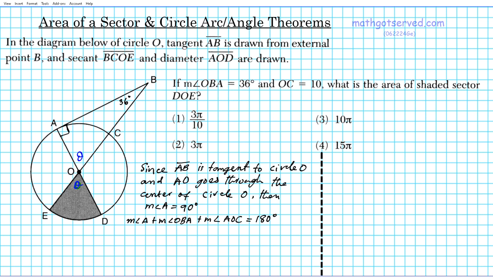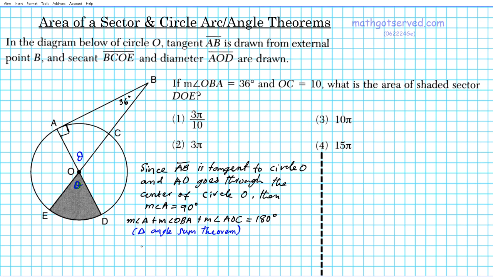We know this because of the triangle angle sum theorem. It tells us that the sum of angles in a triangle is 180 degrees. If you need to review your theorems for geometry, do visit our website at mathgotserved.com. You can gain access to all the formulas, theorems, vocab, and postulates that you need to know to understand this problem.